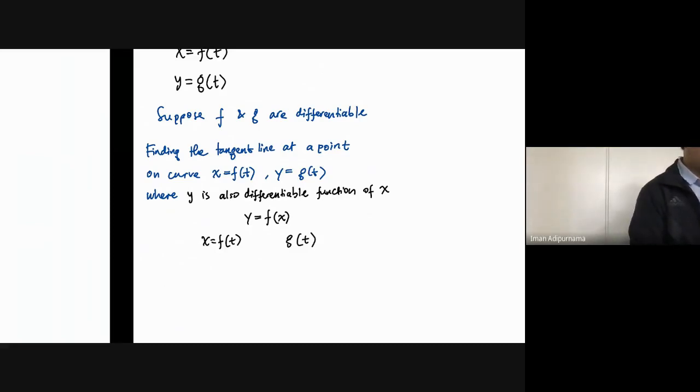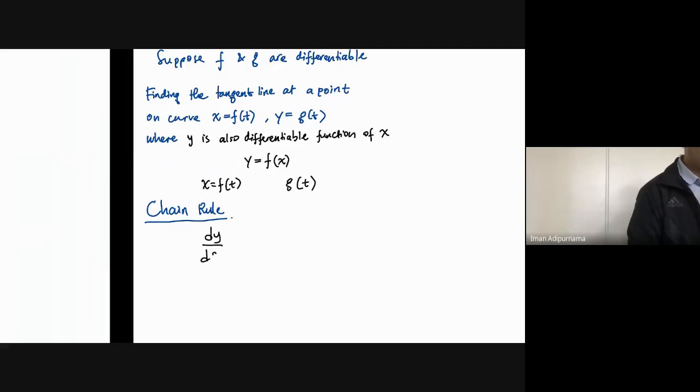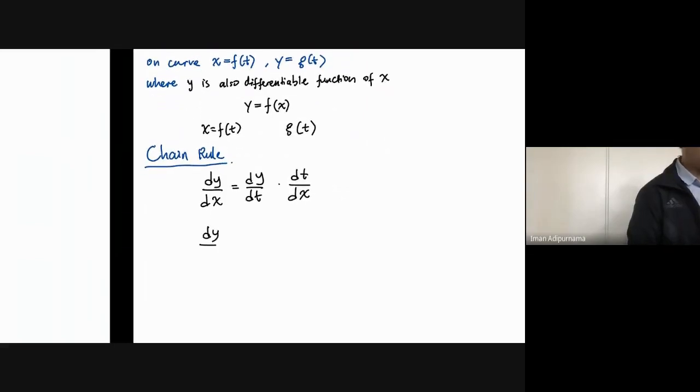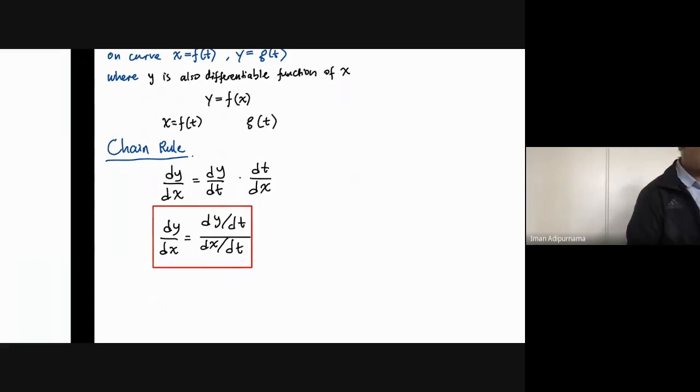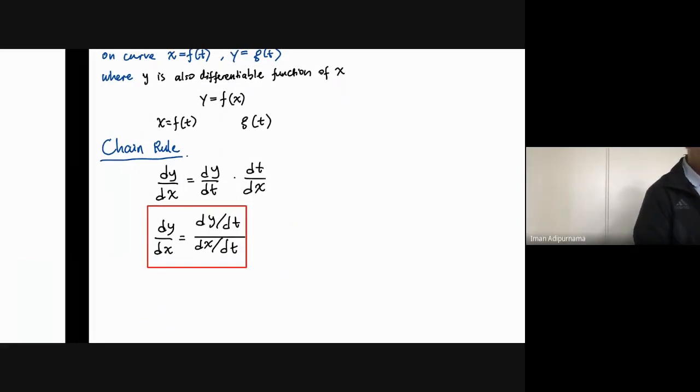So based on the chain rule, we will have this, or we can write this as dy over dx equals dy over dt divided by dx over dt, supposing dx over dt is not 0.